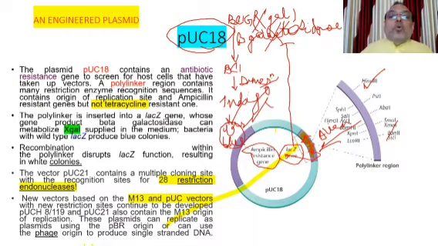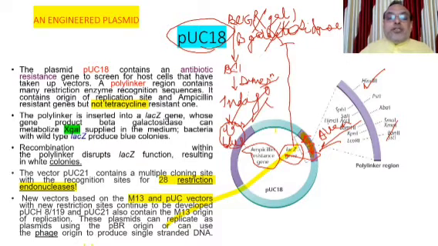It's bromochloroindoxyl galactoside, and it is transforming this into bromochloroindoxyl, and two molecules of this BCI will form indigo. And indigo will give rise to the blue color.